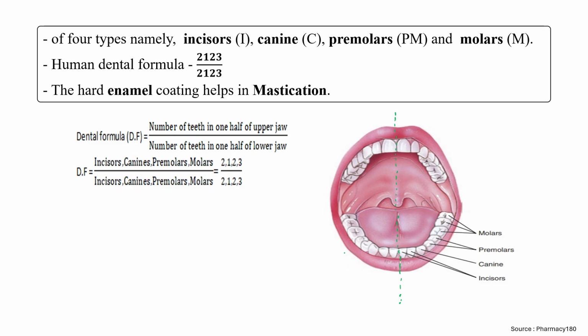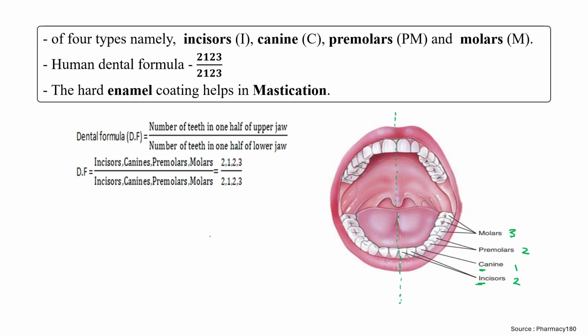In the human being, first two, 1 and 2, are incisors, 1 canine, 2 premolars, and 1, 2, 3 are molars.